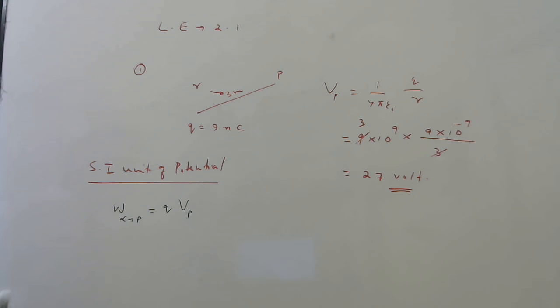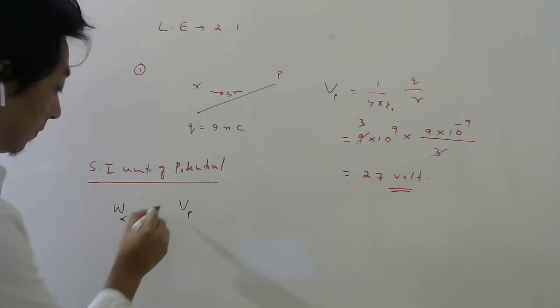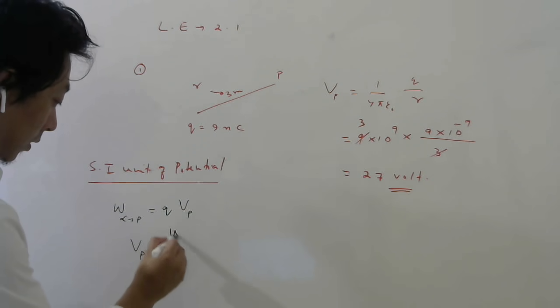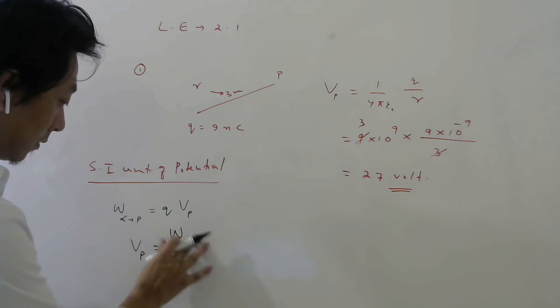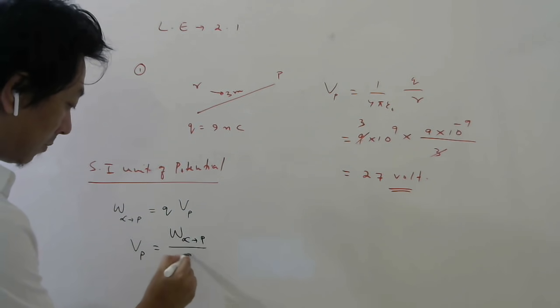This is the work done to bring Q charge. If you bring 1 coulomb charge, then you put here 1 coulomb. So what will be potential? Work done from infinity to P divided by the charge?